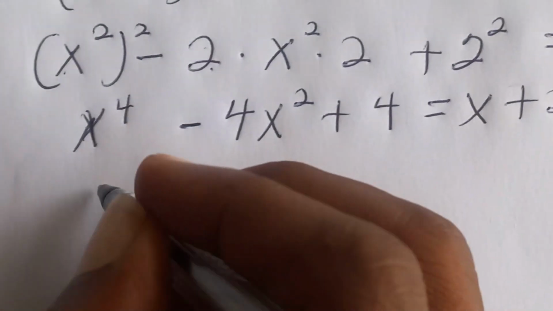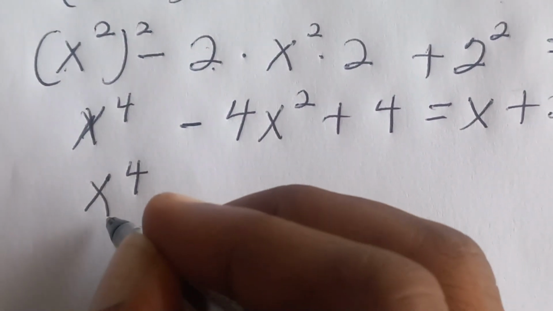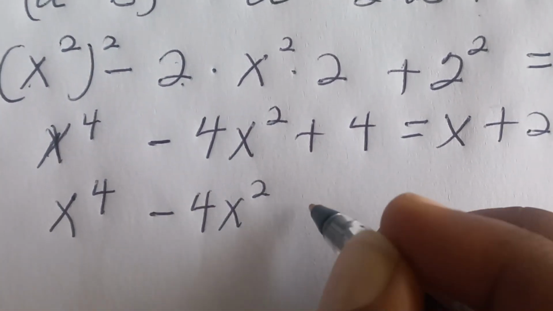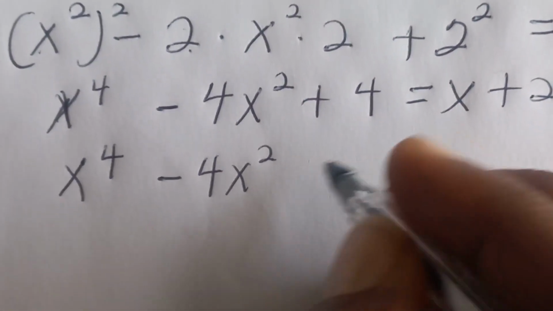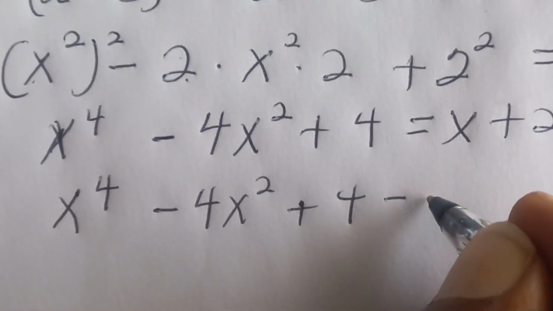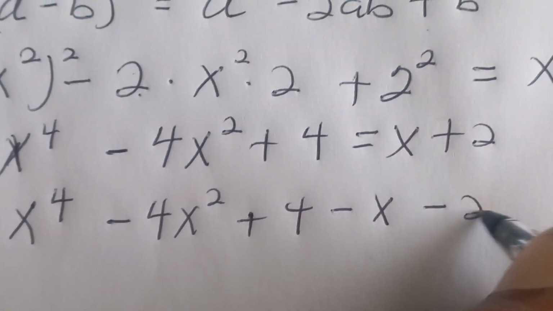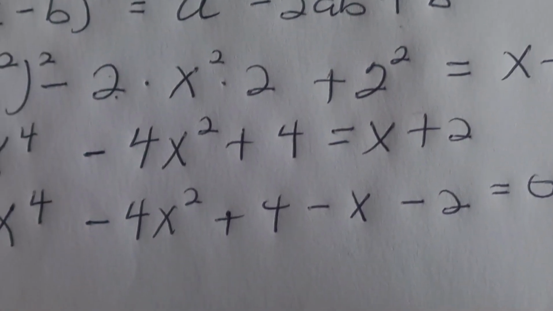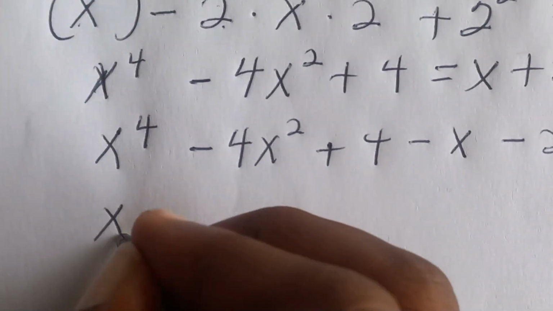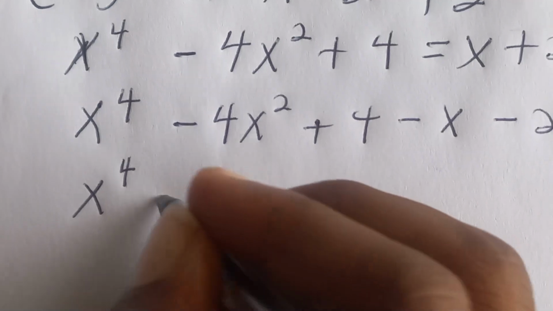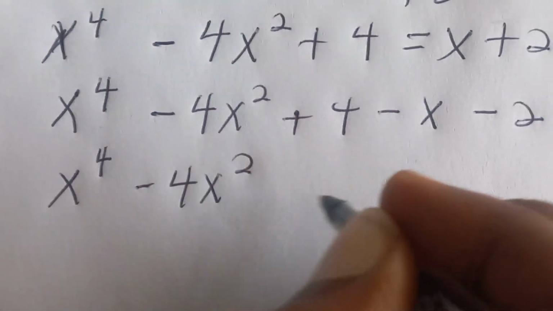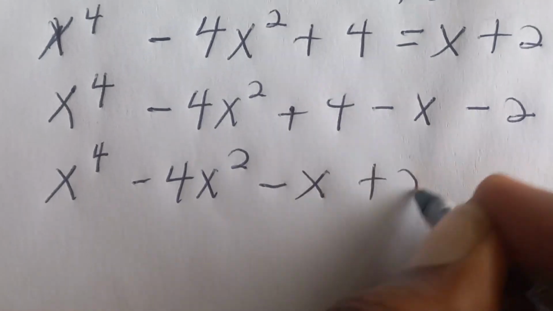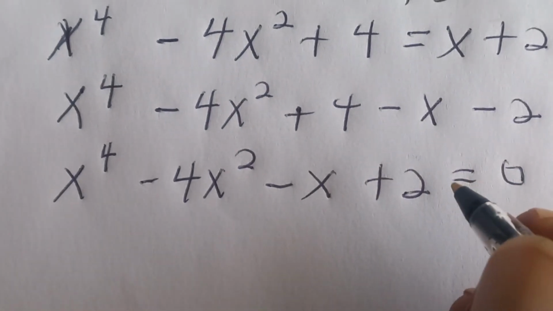So we have x⁴ − 4x² + 4 − x − 2 = 0. So from here, we have x⁴ − 4x² − x + 2 = 0.